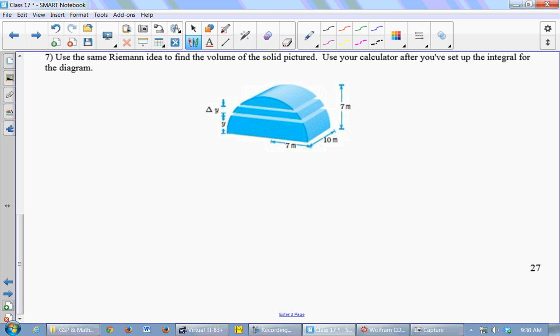So I have to find the volume of my slice. Right, so I'm just going to look at this one slice and try to find the volume of that. And then I'll add up all my volumes, the volumes of each slice. Okay, so taking a look at this slice, its height is delta y. So remember, the volume of a slice is length times width times height, right?